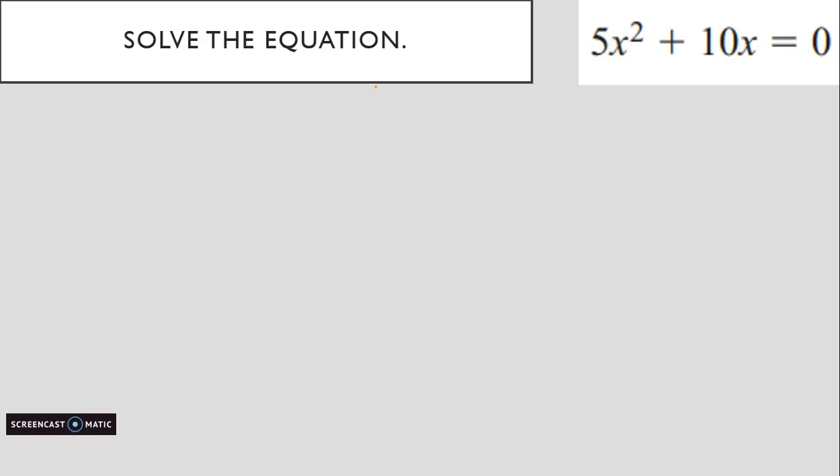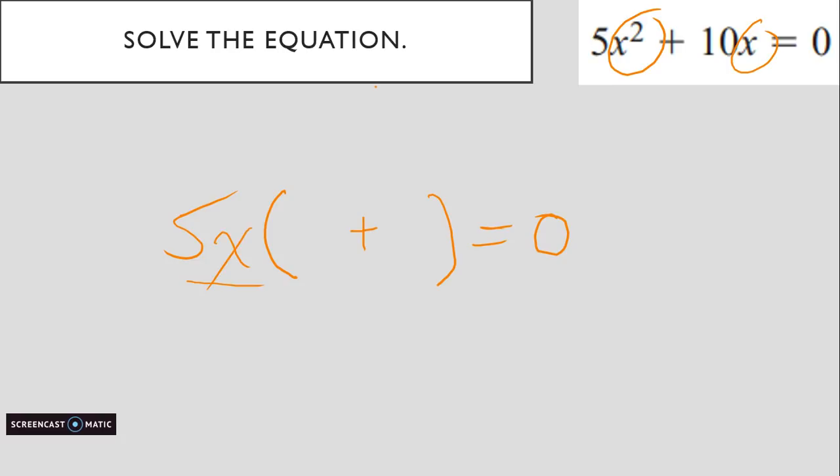Take a second. Decide what you think the GCF is here. GCF between the coefficients is 5, and then we're looking for common factors of the variables here, and that's x.